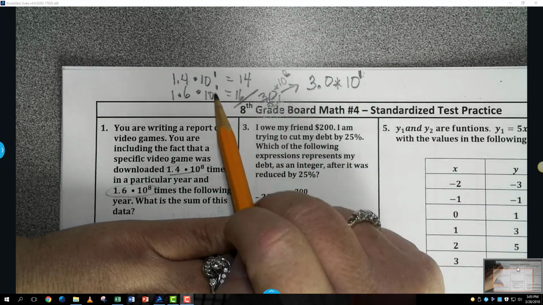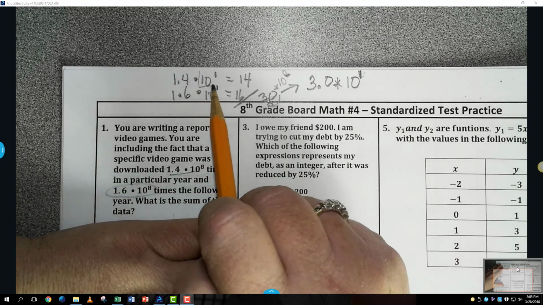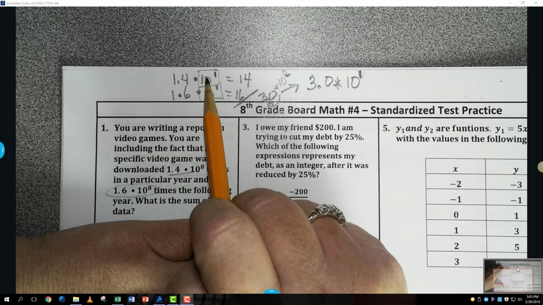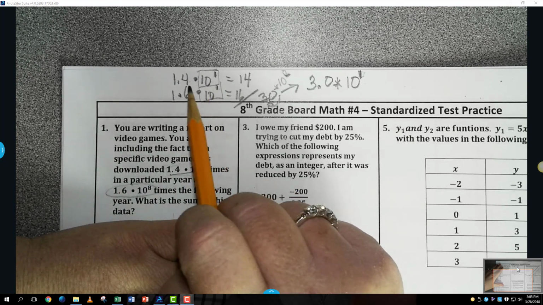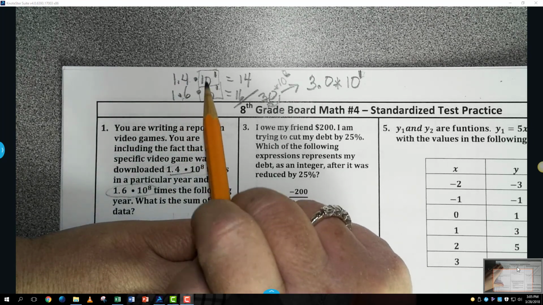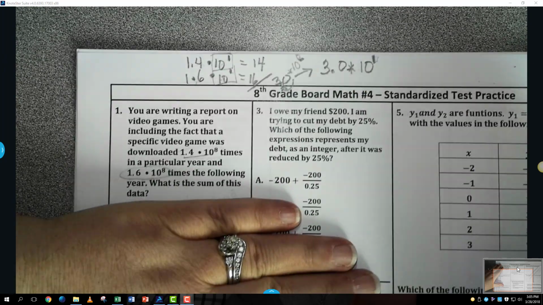Well, oh my gosh, how can I avoid all of that? Well, if this is the same as the other base 10, this was 10 to the first and this is 10 to the first, notice that all you have to do is add the numbers together and keep this part exactly the same. It still ended up being 10 to the first.